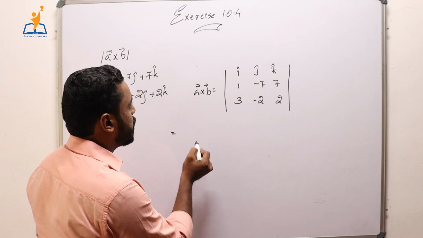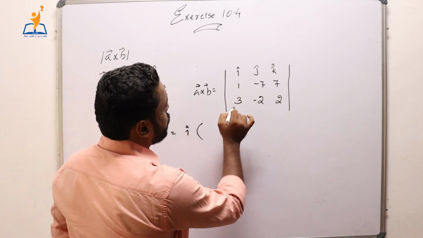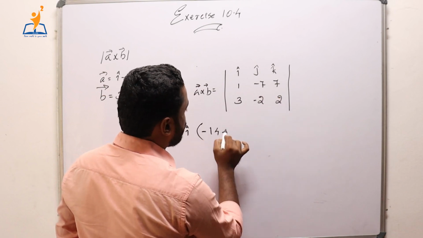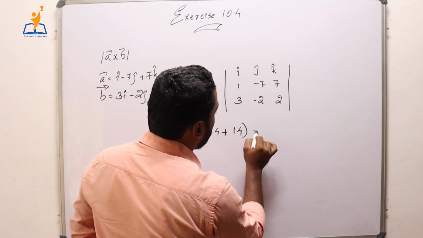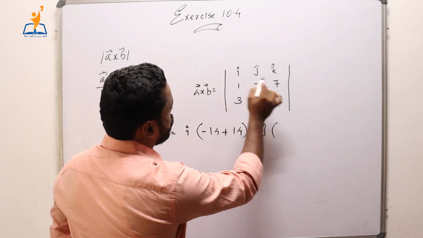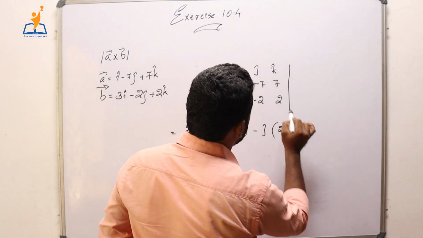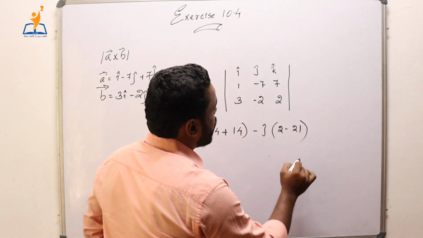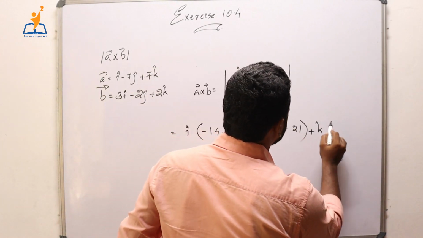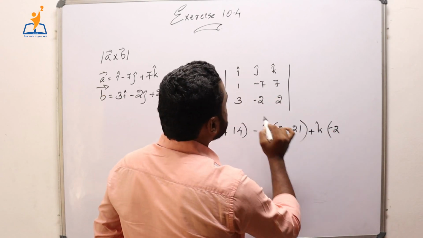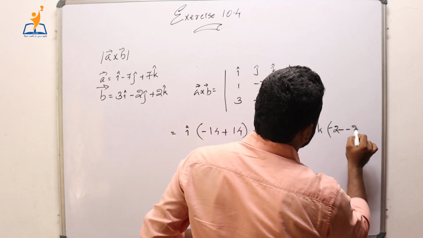So we will get I cap into minus 14 minus 14. So it will become plus 14, minus j cap into 2 minus 21. 7 into 3 is 21. Now plus k cap into, we have minus 2 minus 21 minus 21.